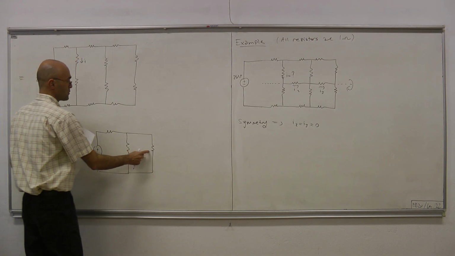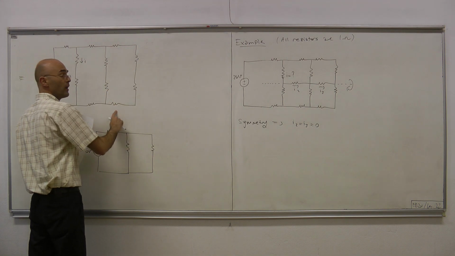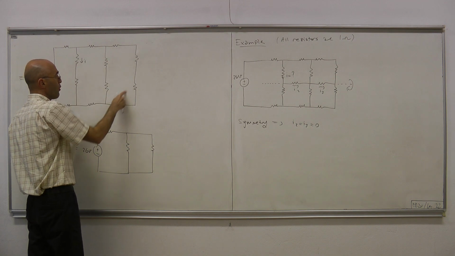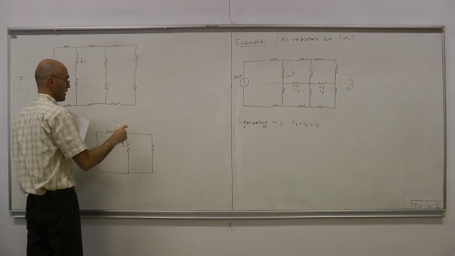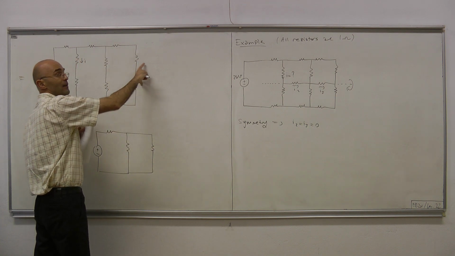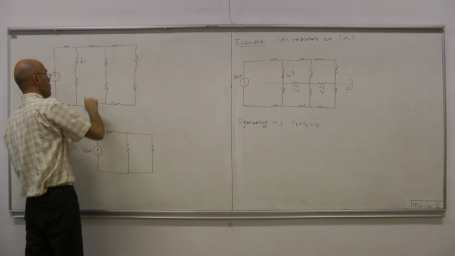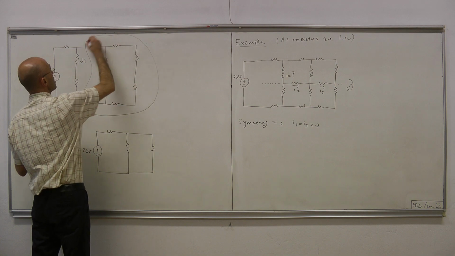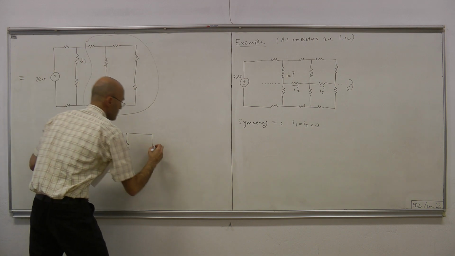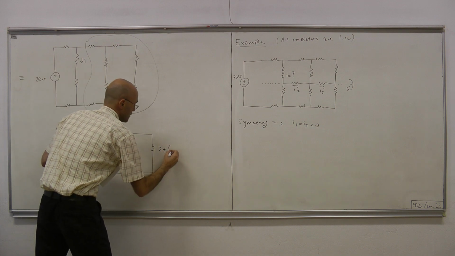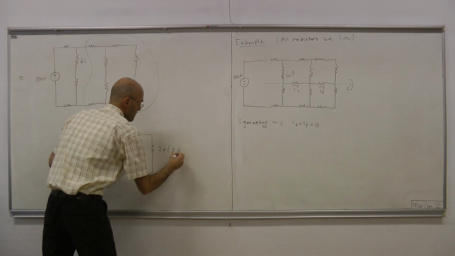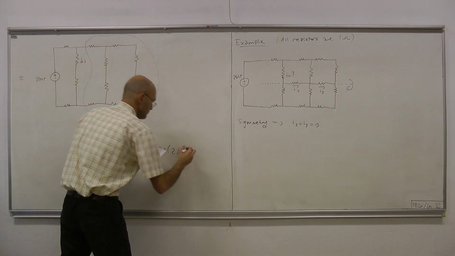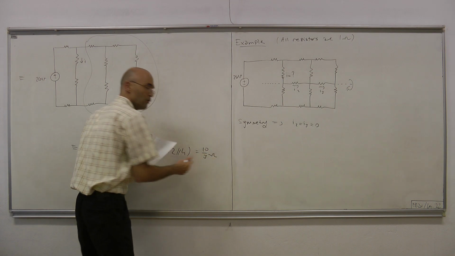Now, this resistance is, we have 1, 1, 1, 1, they're all in series, so this makes 4 ohms, and that 4 ohm is parallel to 1, 1, which is 2 ohms, and that 2 parallel 4 is in series with 1, 1, 2 ohms. So this whole thing here is 2 in series with 2 in parallel with 4, which is 10 over 3 ohms.